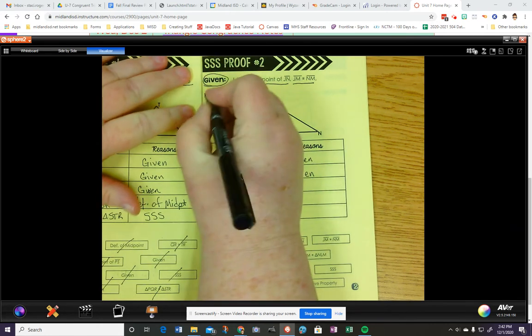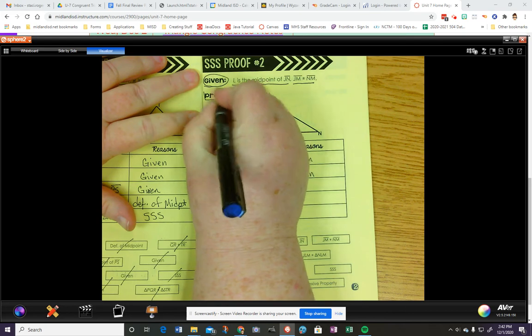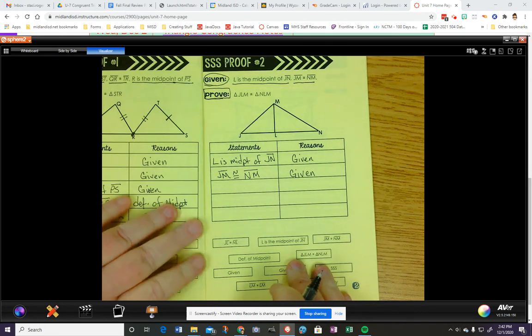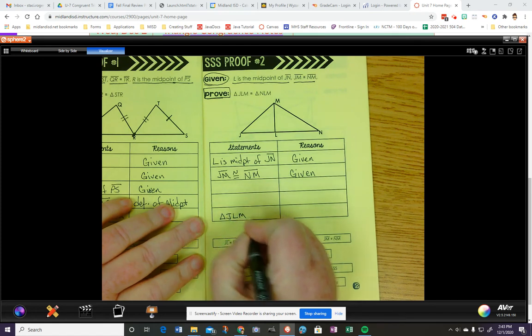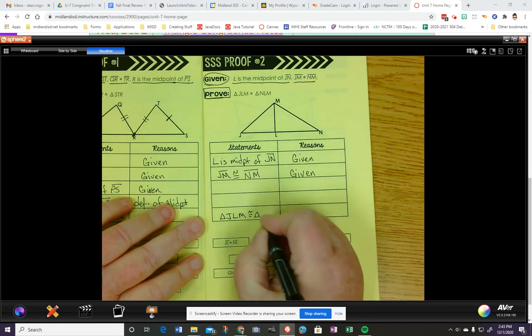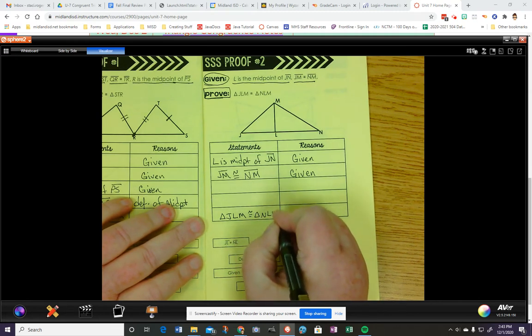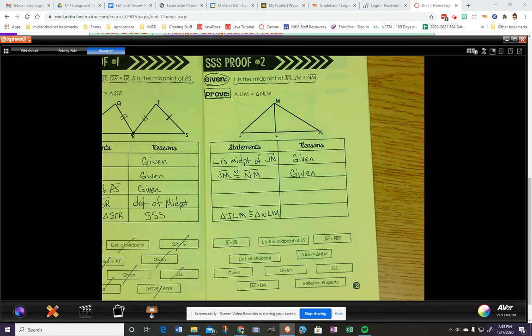The writers of this proof gave you that piece of information. What are we trying to prove? We're trying to prove that triangle JLM is congruent to triangle NLM. And we don't exactly know why. We think it's going to be SSS, but we have to figure that out first.